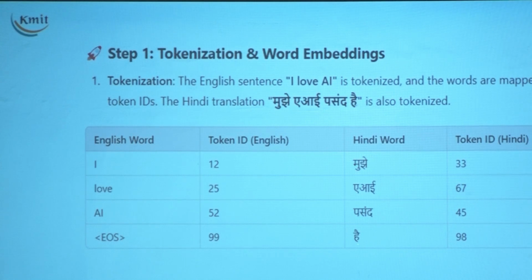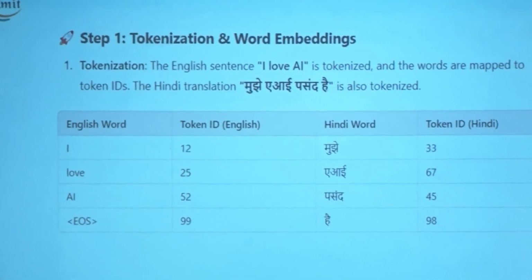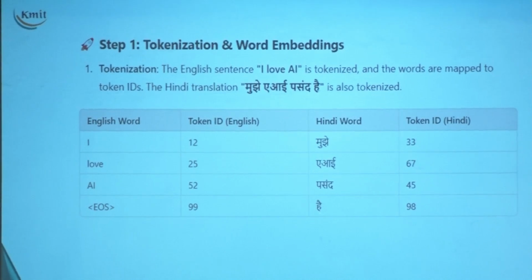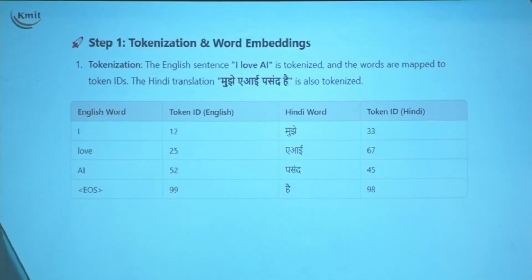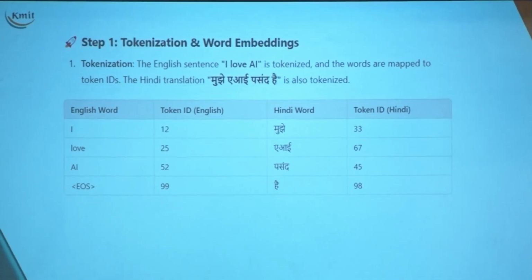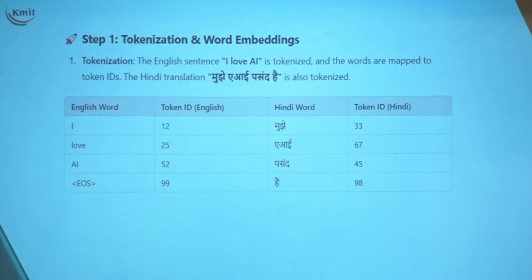Second thing you can ask me, Madam, for I love AI the positions are 1, 2, 3, why are the positions given as 12, 25, 52, 99? Can somebody answer this? Not random. Because of how the sentence sits in the corpus, the data set. I may be somewhere, love may be somewhere, AI may be somewhere. But the sentence that I am processing is what?